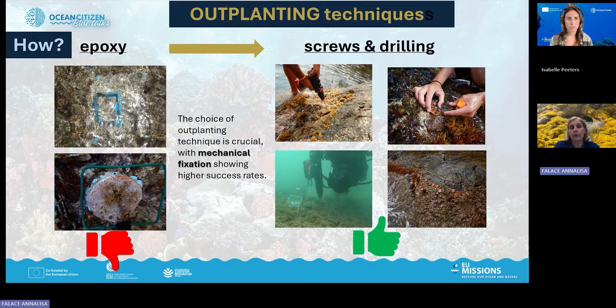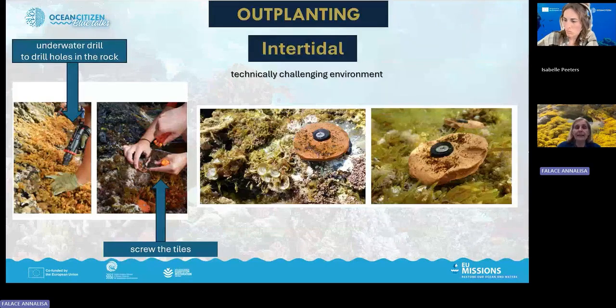We avoid the use of epoxy for several reasons, in particular in the intertidal, also for aesthetic reasons. We work a lot inside marine protected areas, so it is important also to have something that is aesthetic, sustainable, not only ecologically sustainable. So in the intertidal, we use an underwater drill. We drill holes in the rocks, and then we screw the tiles directly on the rocks.